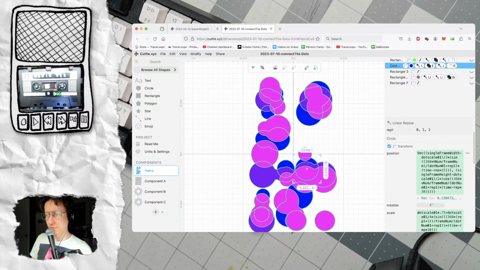So single frame width minus dot scale divided by 2. That's the active space.